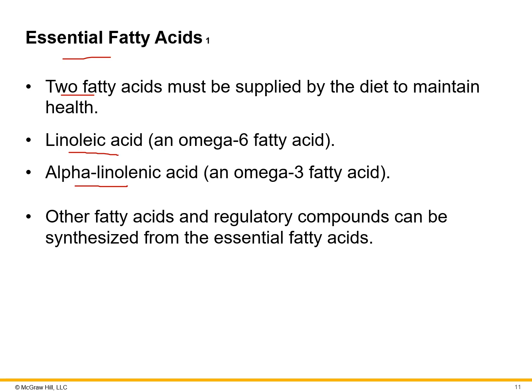So again, both of these we have to get from our diet. We can't make them. Once we have both of those, then the other ones can be made from those essential fatty acids. But we need those precursors to make all the other ones that we need.